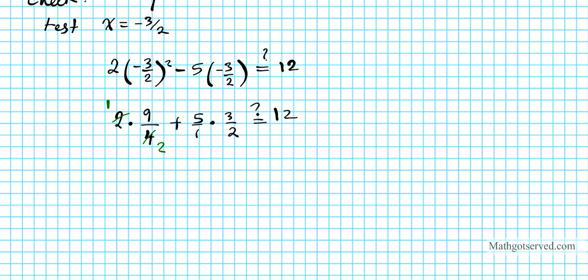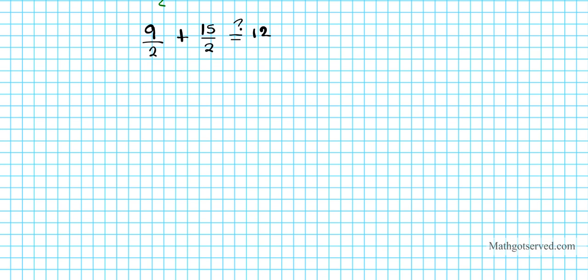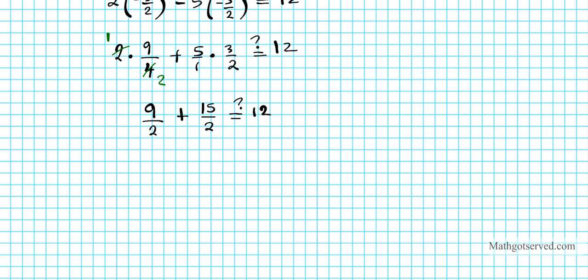And now multiply it across, we're going to have 9 times 1, which is 9. 9 over 2 plus 5 times 3 is 15 over 2. Is it equal to 12? If we combine further, 9 plus 15 is 24. Is 24 over 2 equal to 12? 24 over 2 is 12. Is 12 equal to 12? Absolutely. So our first answer is correct.